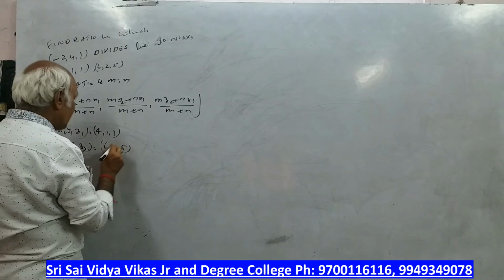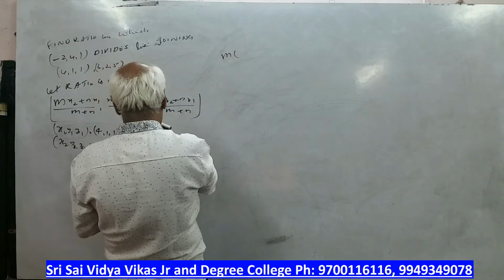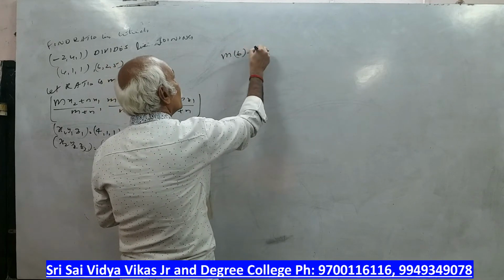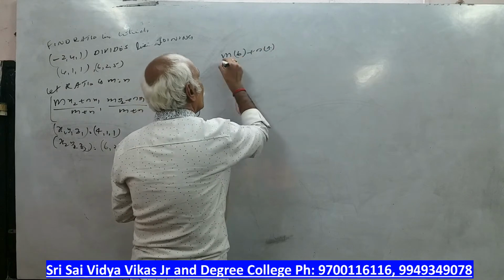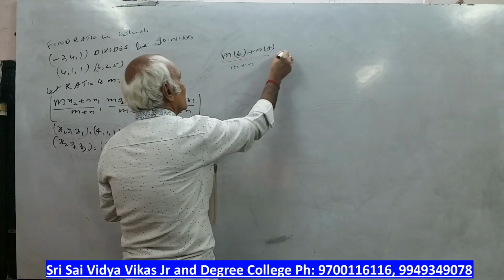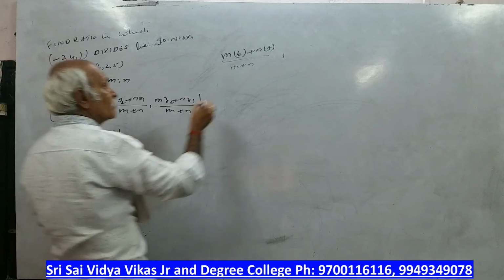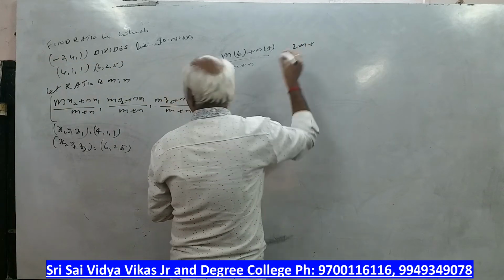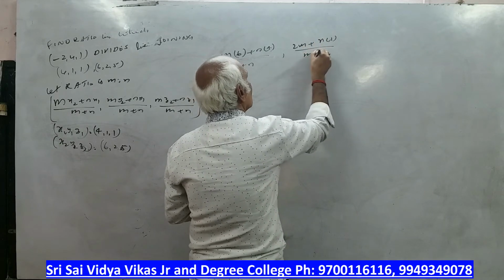Now I am substituting the values. mx2, m into x2, x is 6, plus n into 4, by m plus n. Next one my2 means what, sir? 2 into m plus ny1, that is n into 1, by m plus n.